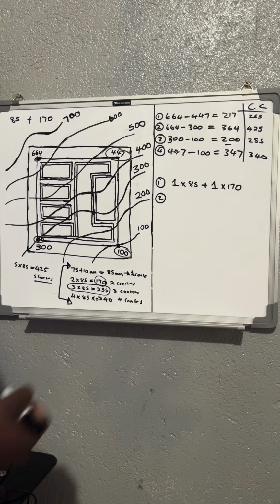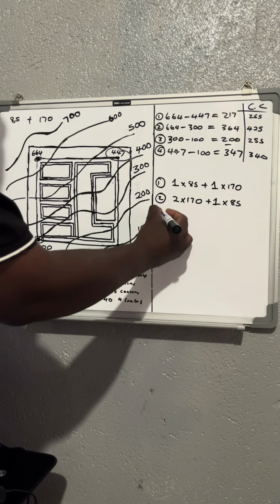So you can also play around until you get there. We can have 2 times 170. 2 times 170 already gives us 340, which is here for the course. Then if we add 1 times 85, then now we're going to be getting our final answer of 425.